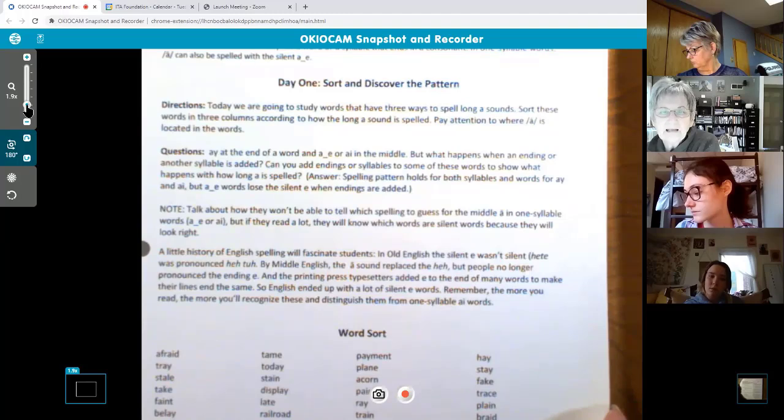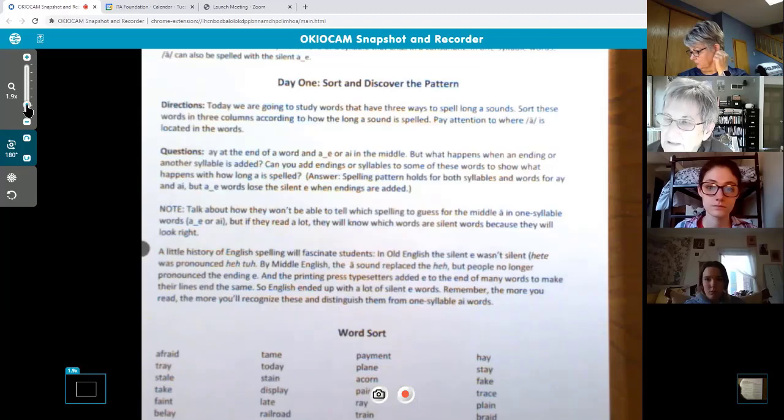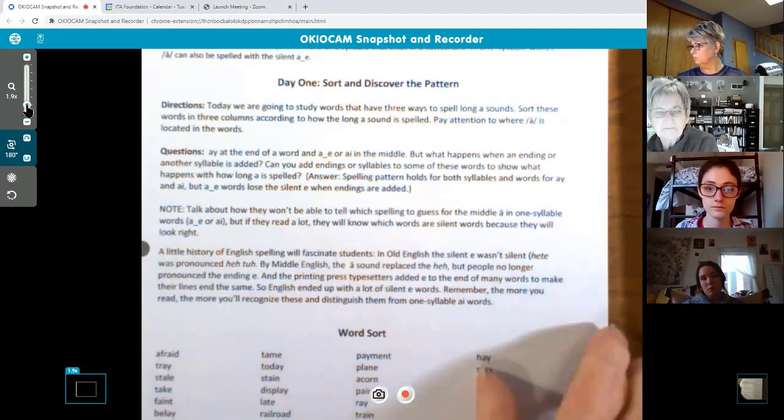And you need to talk about how they're not going to be able to guess whether it's going to be AI or A-E because there is no separate pattern. There is for ending, like that girl in the Jamboard lesson, AI at the end, AI in the middle. But if they were one syllable words, it could have been also A-E. So here's where it's important to say that, once you read a lot, you're going to know which ones are A-E. So we really need to pay attention as you read.